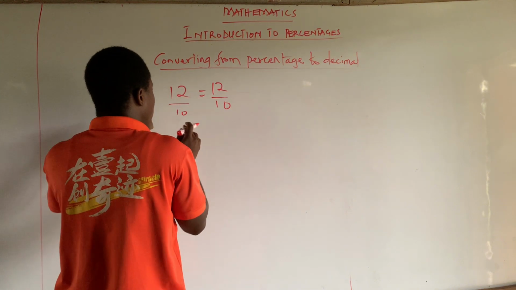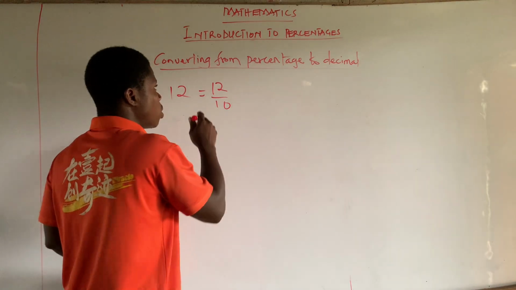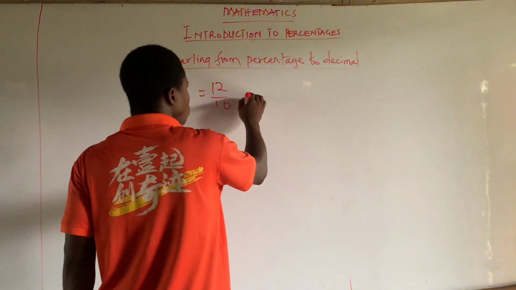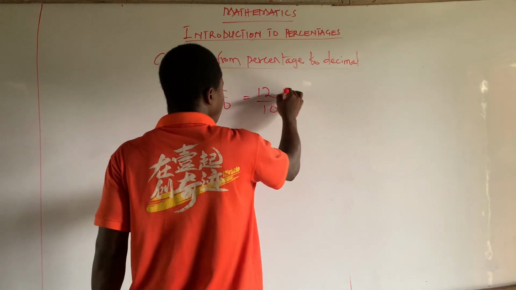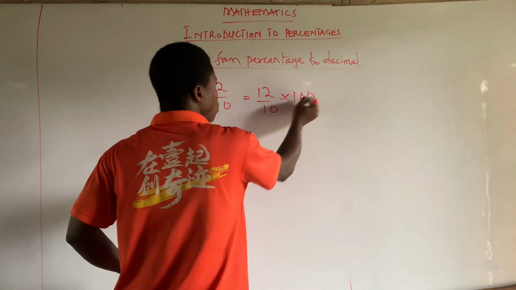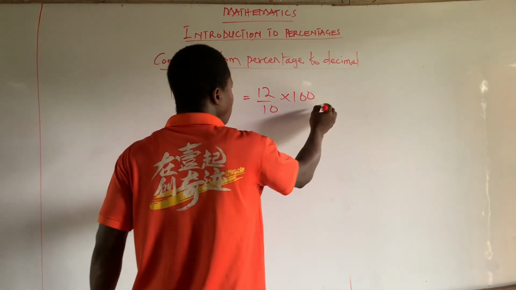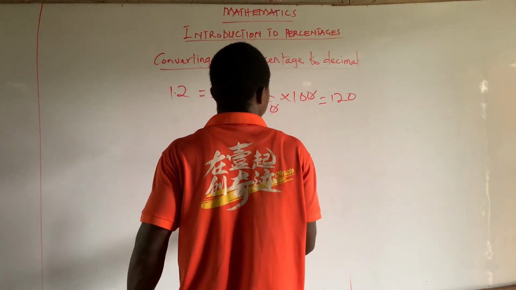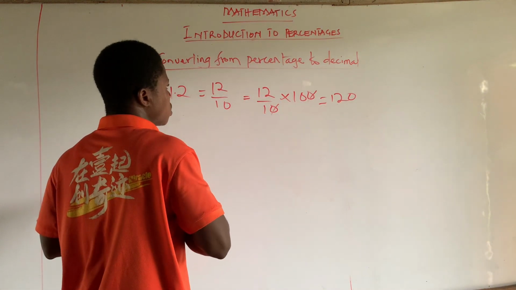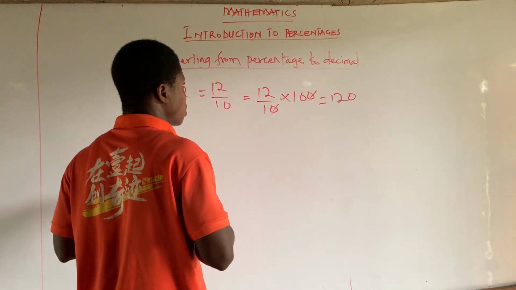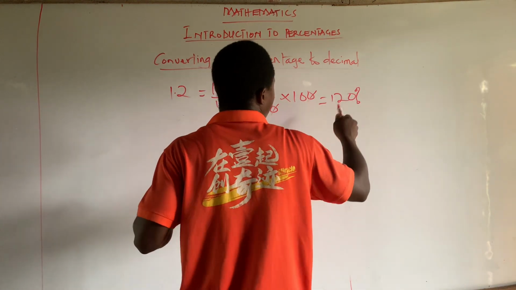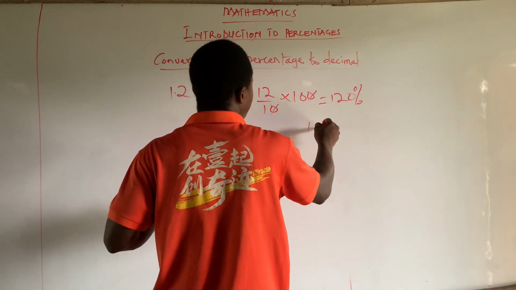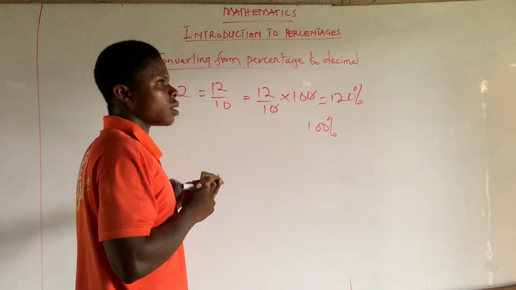So converting 12 out of 10 to percentage: multiply by 100, cross out the zeros. 12 times 1 is equal to 12. Add the 0. It will be 120%. By this time around, it exceeds 100%.